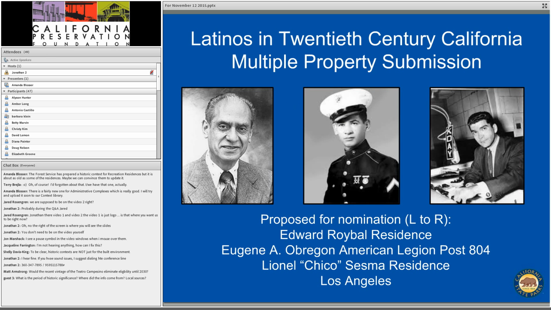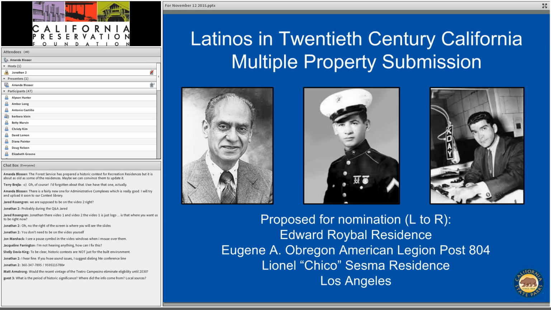And another interesting set of slides. The residence of Edward Roybal would be significant within Latino struggles for inclusion. Mr. Roybal was on the Los Angeles City Council and then went on to serve in the United States House of Representatives. I really enjoyed yesterday reading up on Eugene Obregon, who was a Medal of Honor winner. And the haunting thing for me is that today is his birthday.